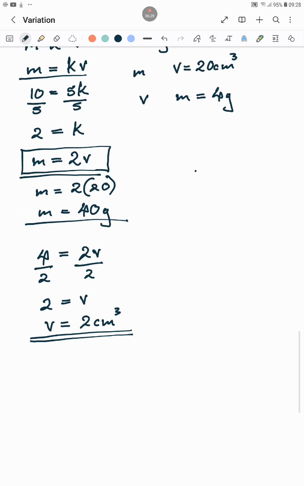Let's look at another example, but in this case it's going to be inverse variation.